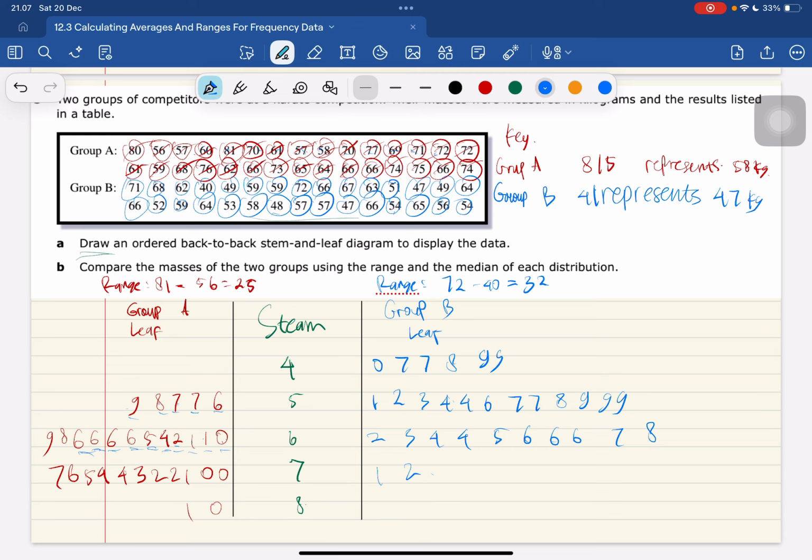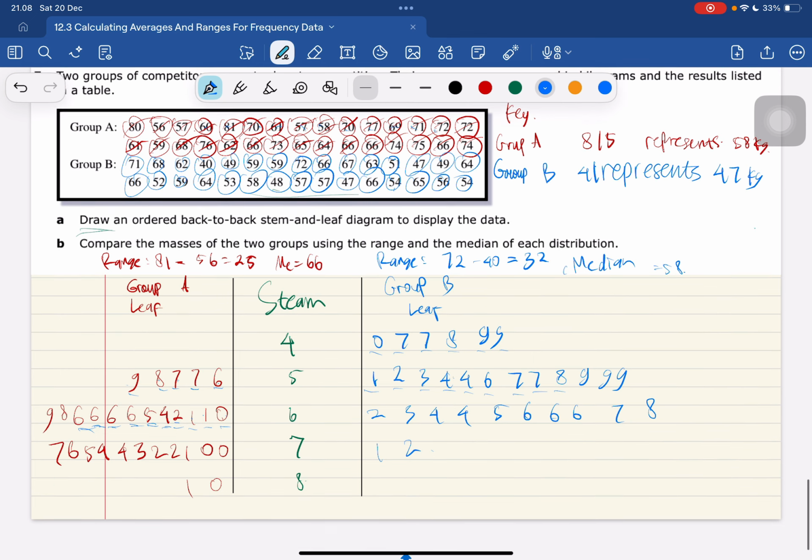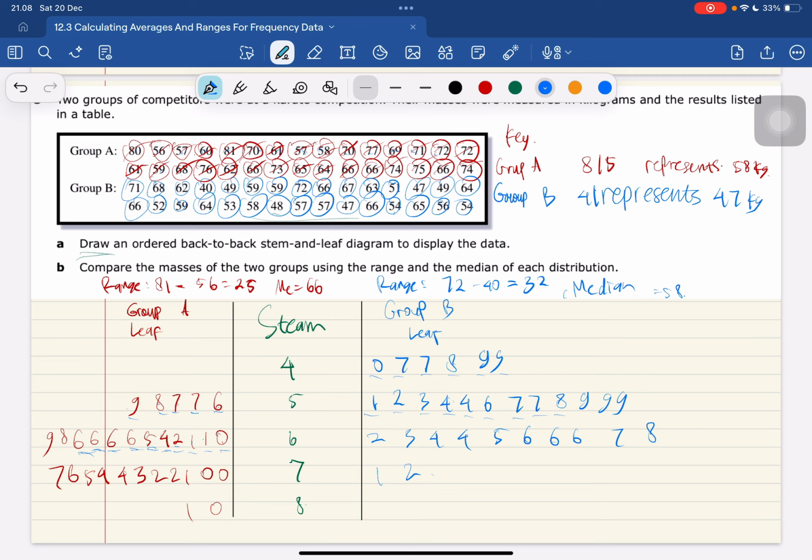So this is the median, 66. Now for group B the median: count to 15, and it is 58.